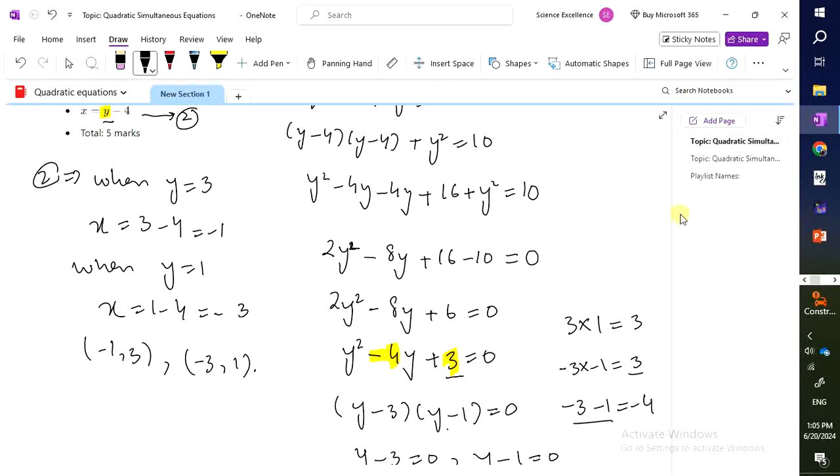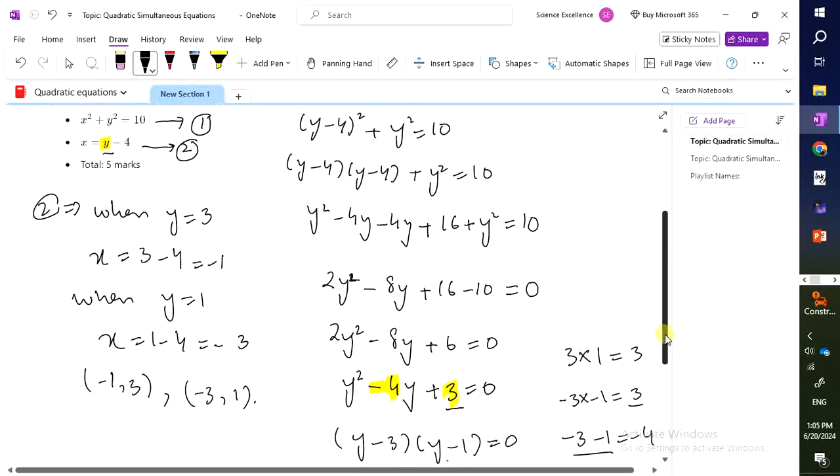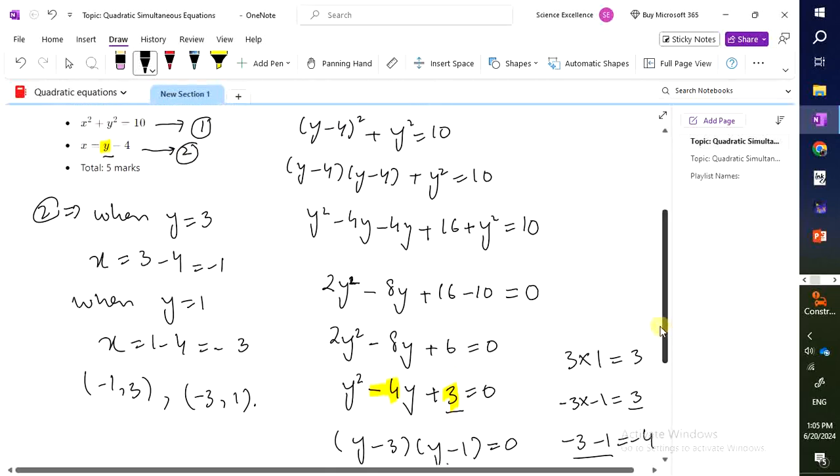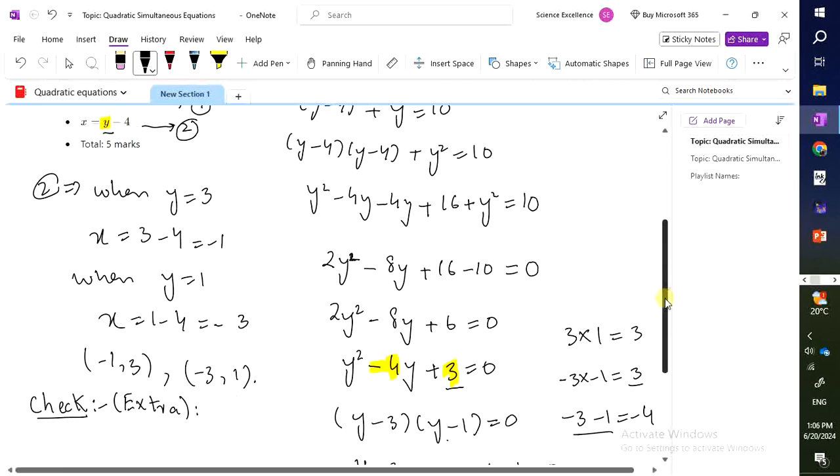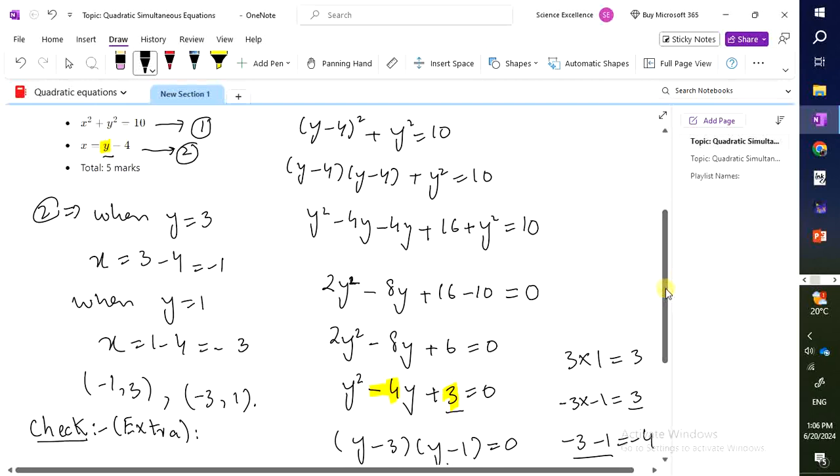Now our solution is done, but if we want to check whether the solutions are correct or not, this is the extra working out, it's not part of the solution. We can substitute the values of x and y into one of the given equations.